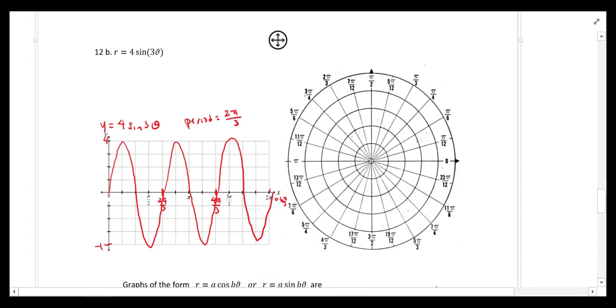Guess I'll label these points just to help. A, B, C, D, E, F, G, H, I, J, K, L. Did I miss a point?